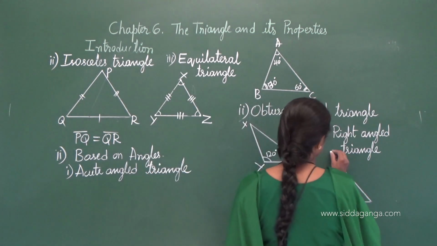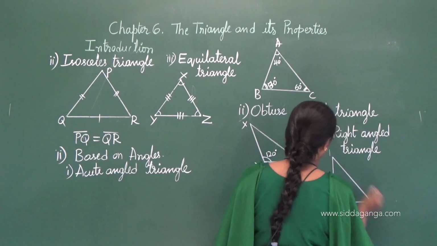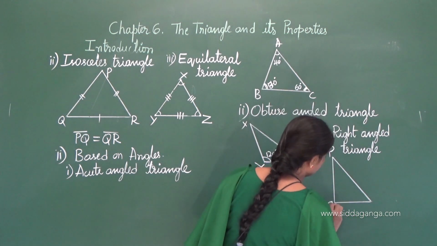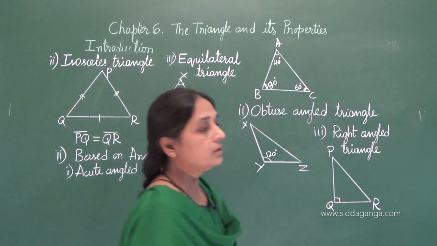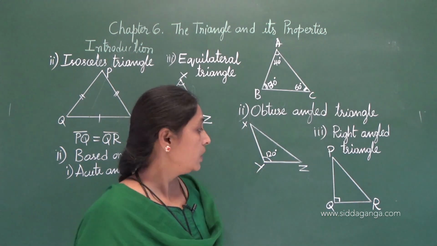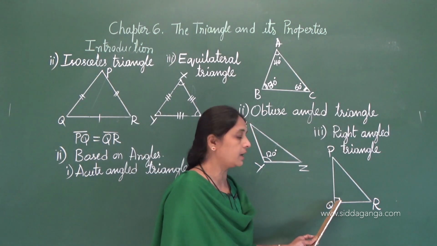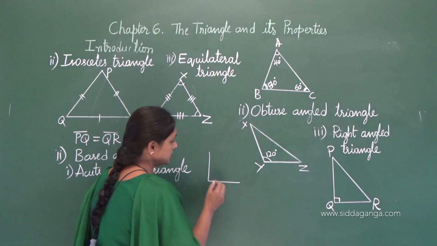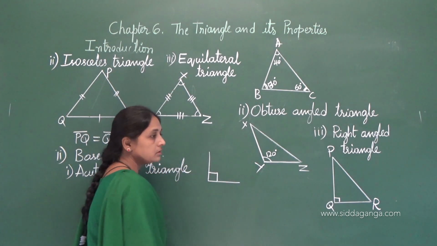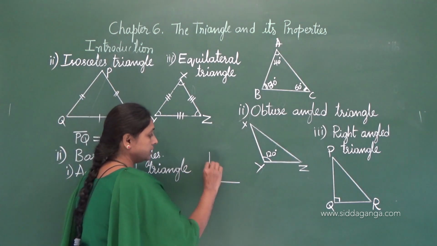Okay, guess. If I take P, Q, R, here at point Q it's a right angle, and we always represent a right angle like this only, and not like this.